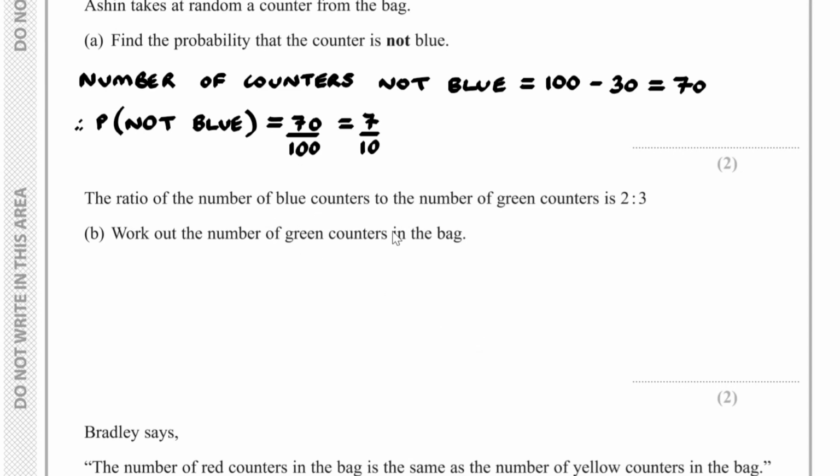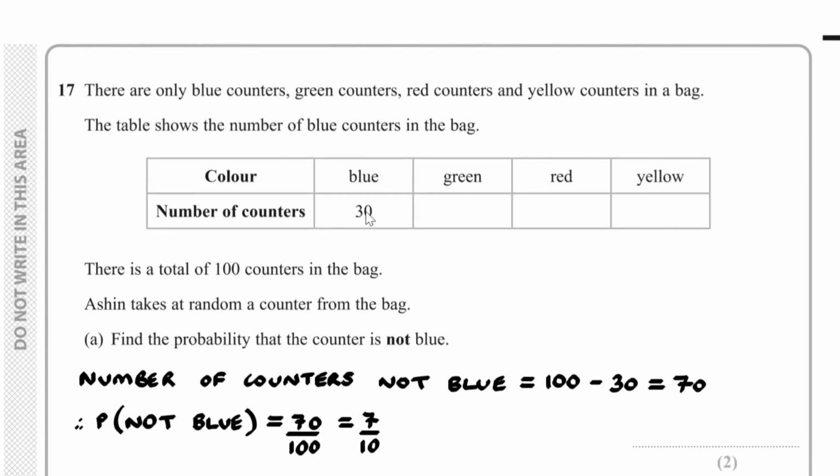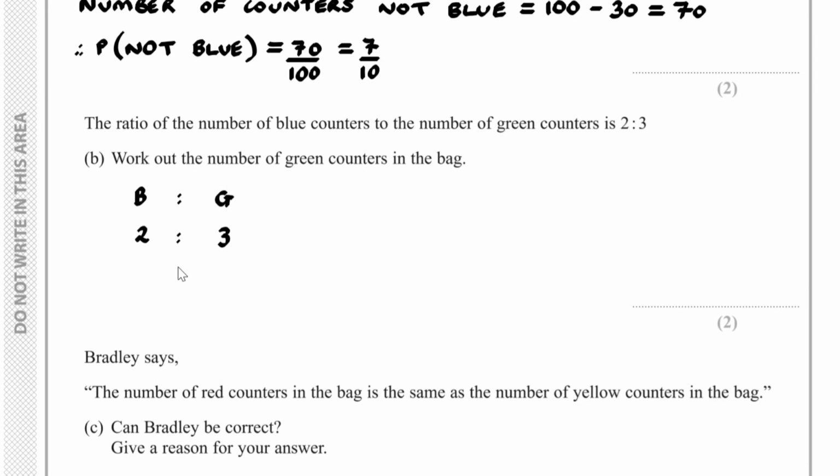The ratio of the number of blue counters to the number of green counters is 2 to 3. We have to work out the number of green counters in the bag. Well, we've got this ratio, blue to green, equal to 2 to 3. Now I know from the question I've got 30 which are blue.